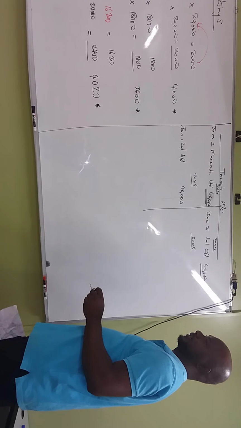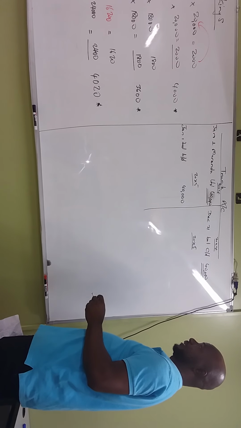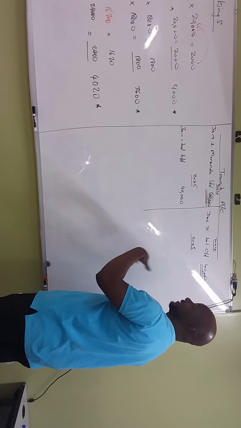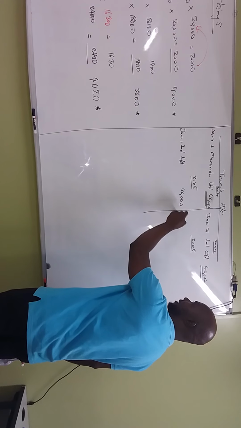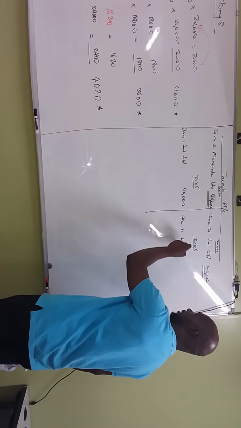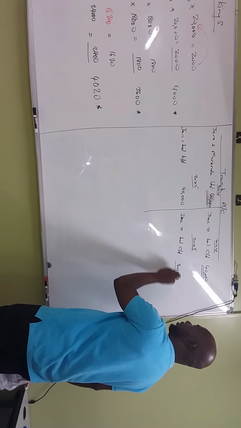Did we buy an asset in 2005? No. We did not acquire any asset, neither did we sell any asset in 2005. So therefore it's got to be the same. So December the 31st, balance CD 40,000.